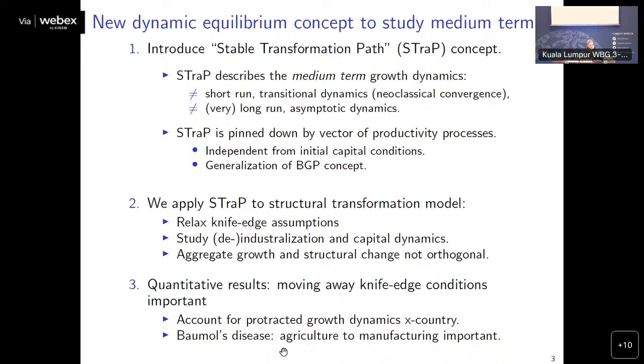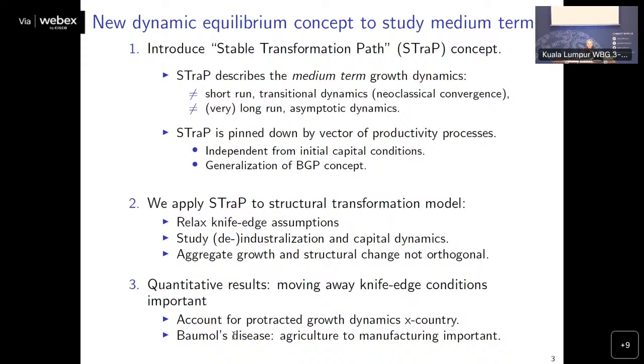And the dominant feature in growth is going to be this Baumol's disease, which I talked about yesterday, which is moving away from agriculture, which is a fast-growing sector, to services, which is a slow-growing sector. We're going to see that growth slows down with development.